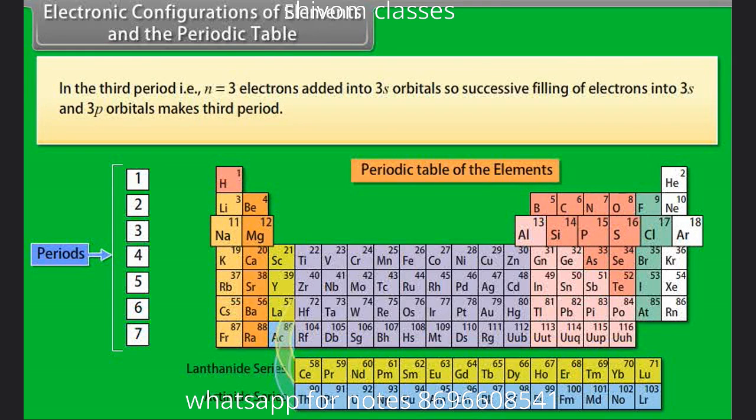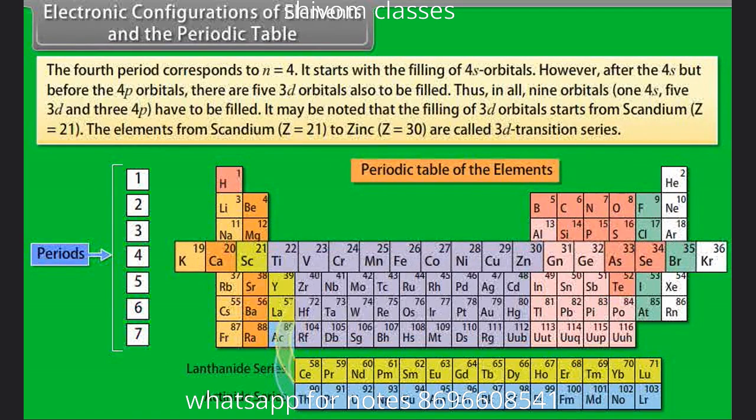In the third period, n equals 3, electrons are added into 3s orbitals. So, successive filling of electrons into 3s and 3p orbitals makes the third period. The fourth period corresponds to n equals 4. It starts with the filling of 4s orbitals. However, after the 4s but before the 4p orbitals, there are 5 3d orbitals also to be filled.